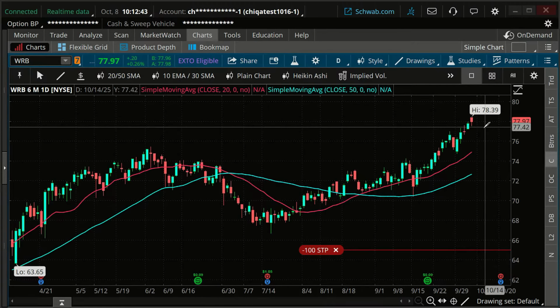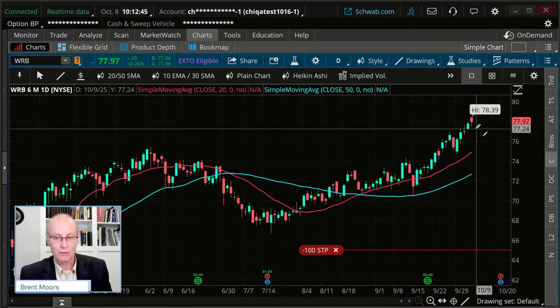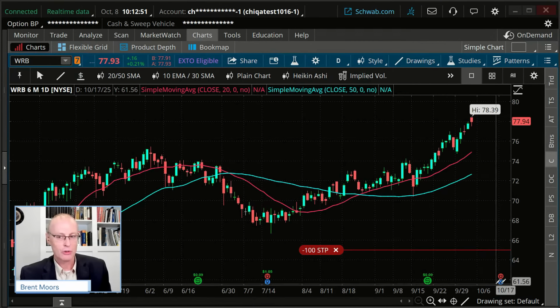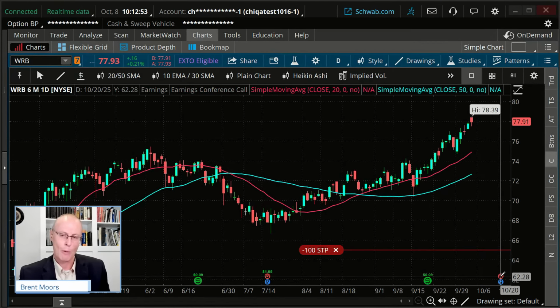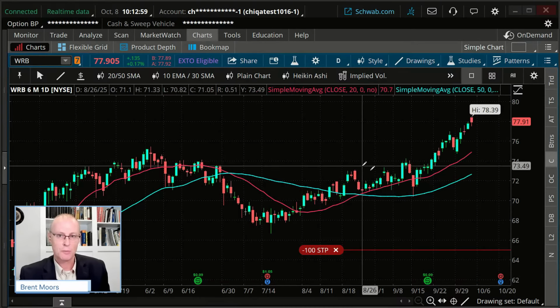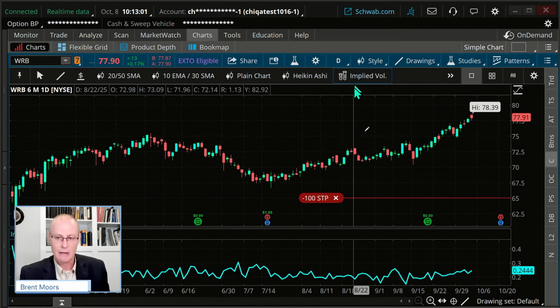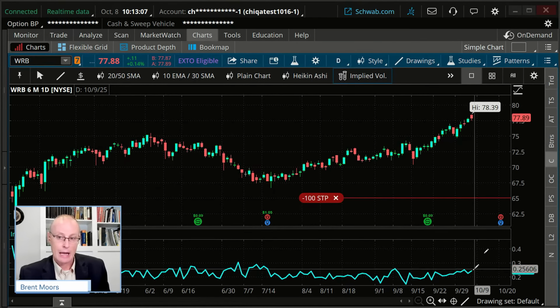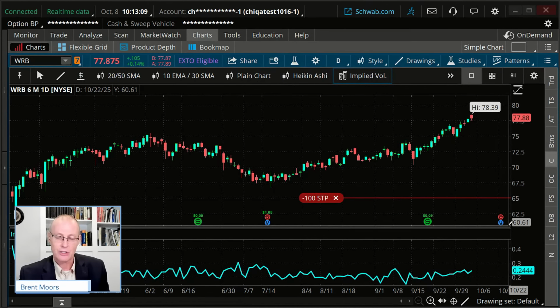But the reality is, if I'm selling and the stock goes down, the implied volatility is probably, if anything, going to go up. We have another factor, which is we have earnings. And so I suspect if we look at implied volatilities here, yeah, they're creeping up a little bit. It means we get to sell the call for a little bit more of a premium. After earnings, we'd expect that to drop.